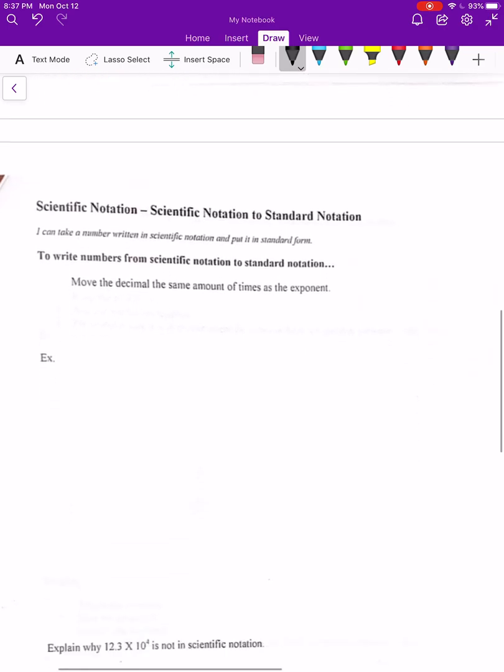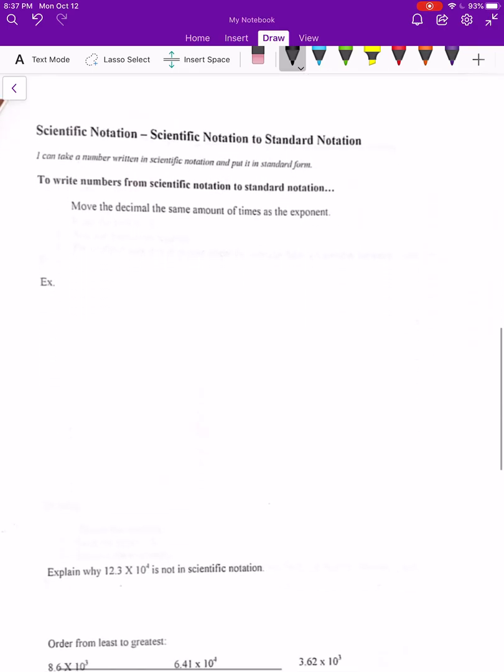All right. So in order to do that, it says to write numbers from scientific notation to standard notation, you move the decimal the same amount of times as the exponent. Positive, please write this down, exponents move right.